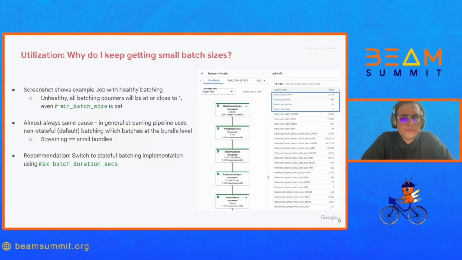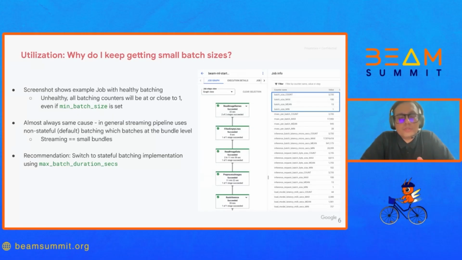The root cause of this is almost always the same and is around how batching is done in streaming pipelines, where small bundles are created to keep the latency low. Users can tweak this by using the parameter max batch duration seconds, which essentially turns into stateful processing and waits for the duration mentioned to group elements across the batches before emitting them. This is not done by default because of two reasons.